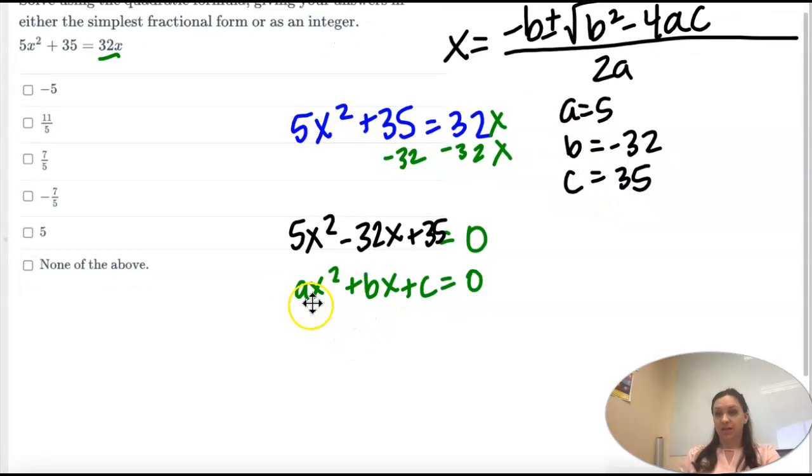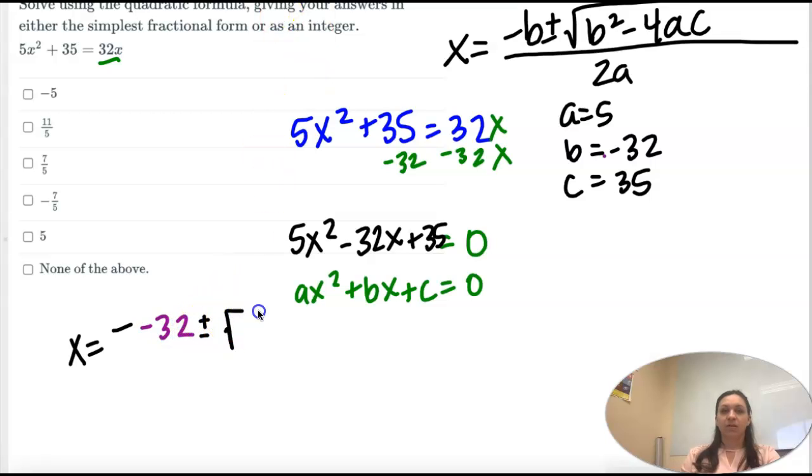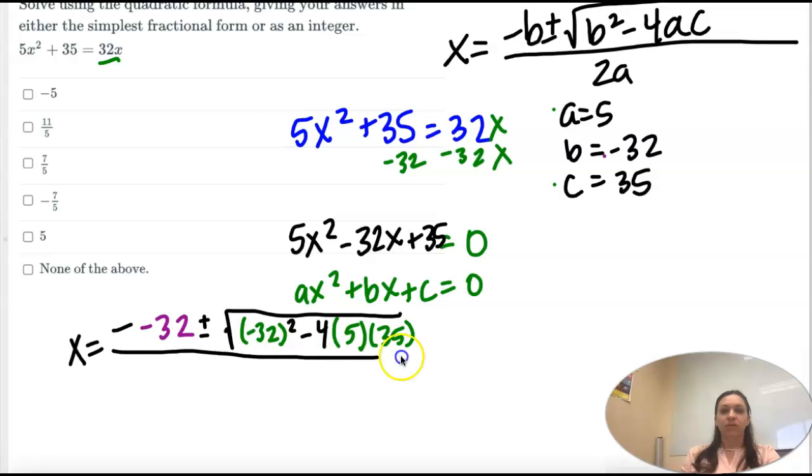And then we're going to plug it into the formula. So x equals negative b, so b is negative 32. Plus or minus square root b squared, negative 32 squared, minus 4 ac, 5, 35, all over 2a, well, a is 5.